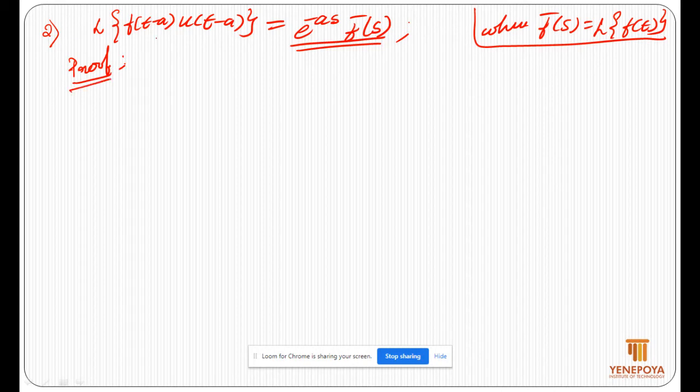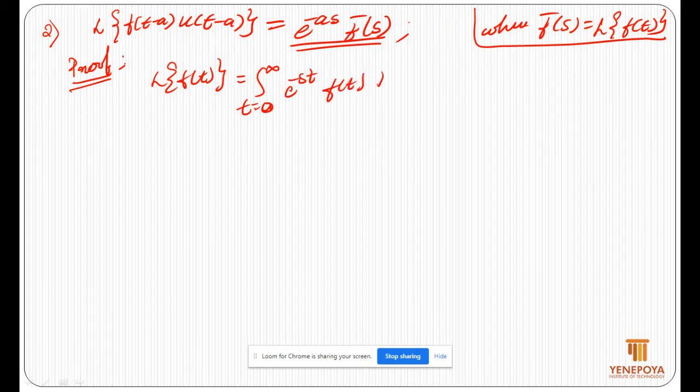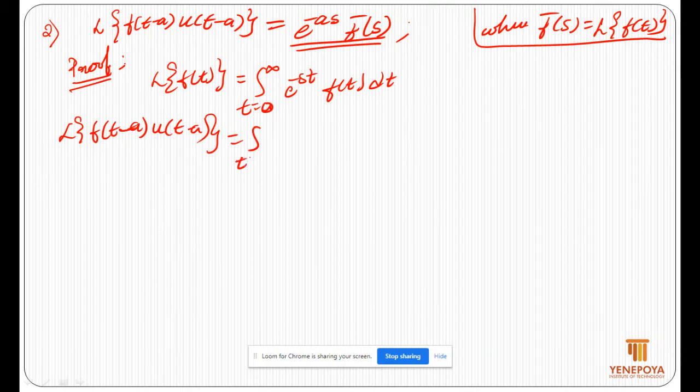For the derivation, apply the Laplace transform formula of f of t, that is integration from t equals 0 to infinity of e power minus st f of t dt. The Laplace transform of f of t minus a into the unit step function is the integral from t equals 0 to a plus the integral from t equals a to infinity of e power minus st f of t minus a into u of t minus a.